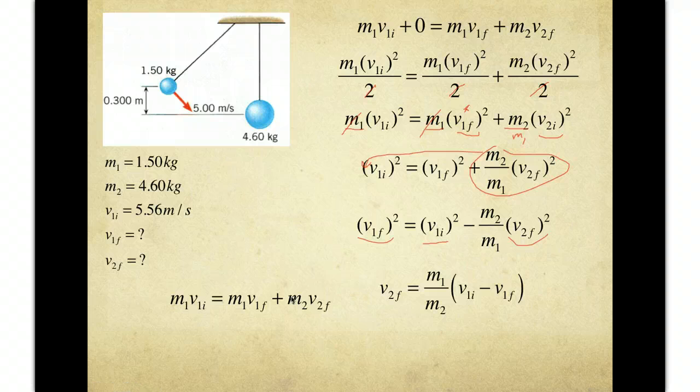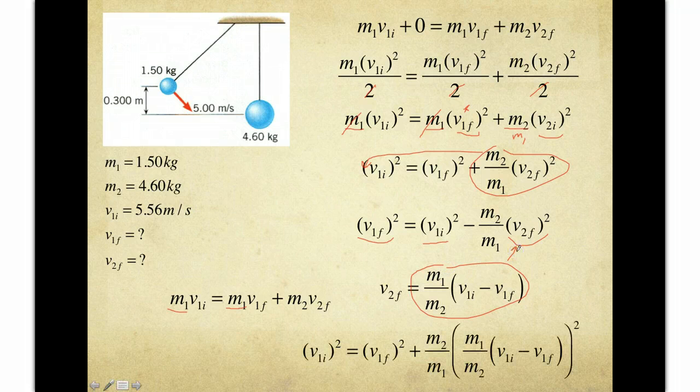Again, the way we do it, we see M1 and M1 here, so put M1 in front of the bracket, which gives us V1 initial minus V1 final, and divide all that by M2. Now I'm going to take this whole thing and put it in this formula and square it. So there we go. That is our big mama.